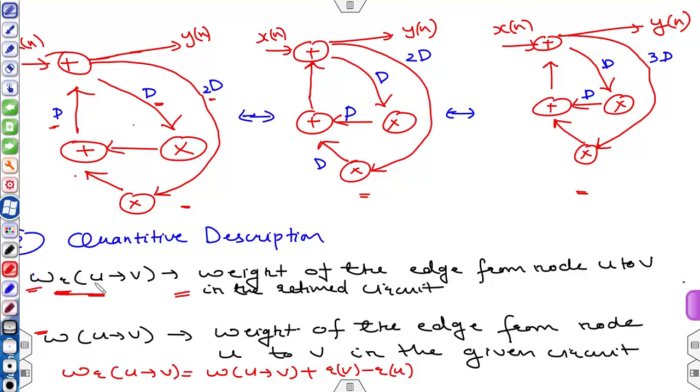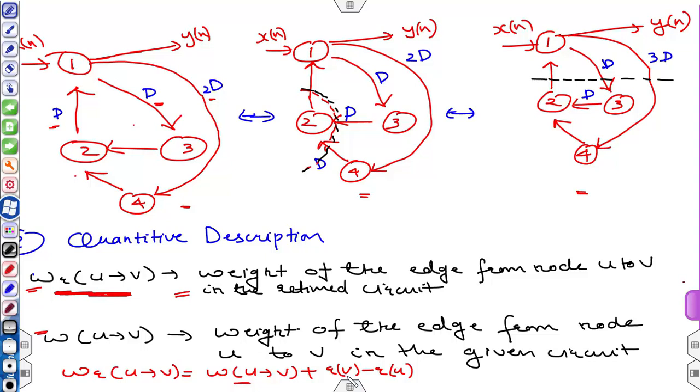And we need to calculate Wr(U to V), finally the weight of the edges in the retimed graph, and that can be given by W(U to V), the weight of the edge in the given graph, plus r(V) minus r(U).